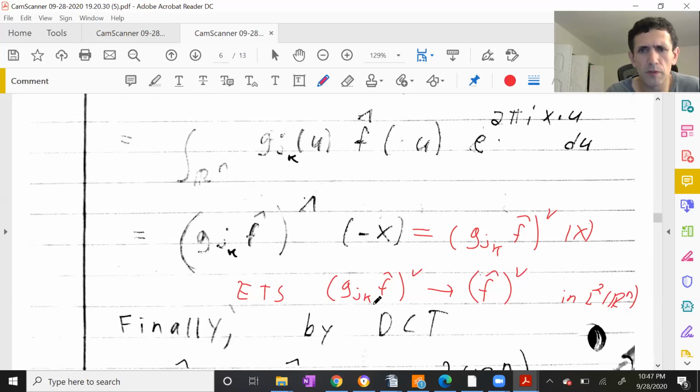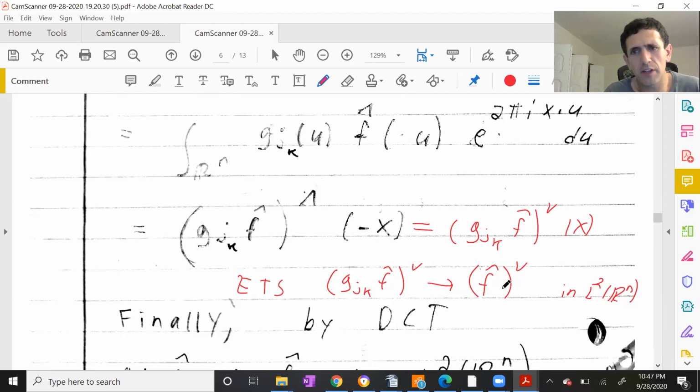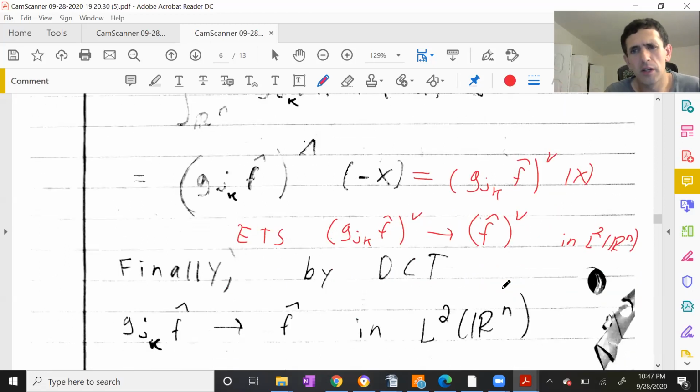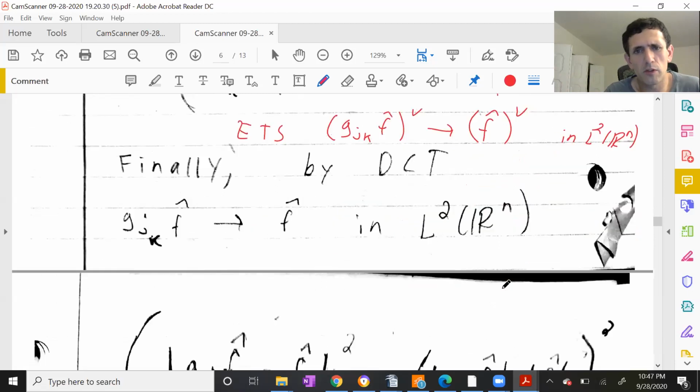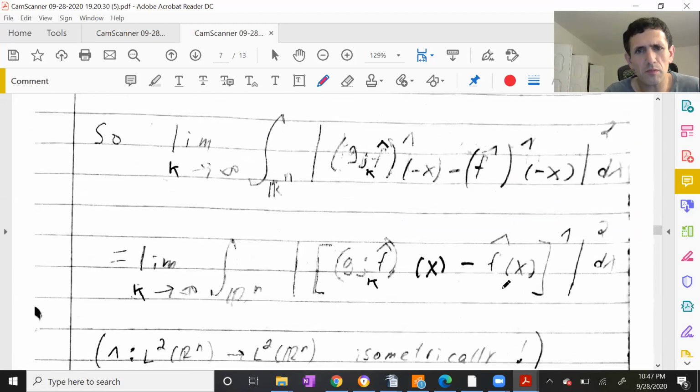And we just proved using the dominated convergence theorem and the isometric property of the Fourier transform that g_jk of f hat inverse Fourier transform converges to f hat inverse Fourier transform. And hence, for almost every x, f equals f Fourier transform, inverse Fourier transform. Okay.